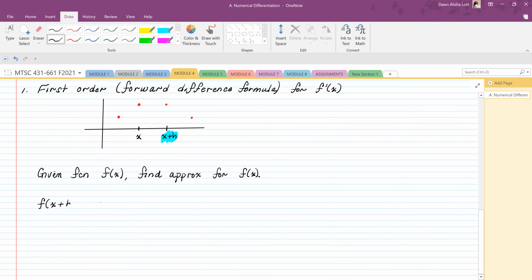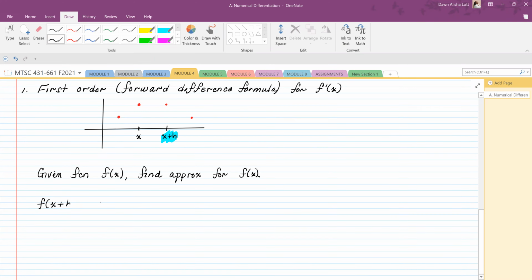I am trying to solve for f prime of x. And in order to do so, I'm going to create a linear combination of these two things that will help me get there.